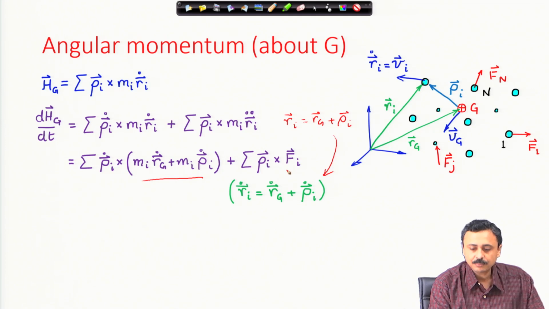So, that I have used here, and in the second summation m_i r_i double dot, that must be equal to the net force, so, force acting on the ith particle.